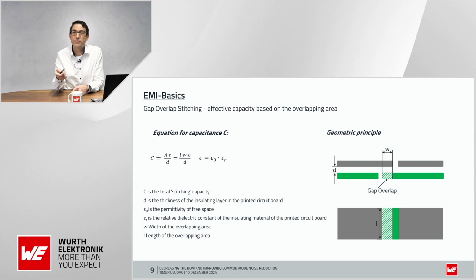That means the capacitance is formed by the overlapping area you have between two different potentials, two different layers here. As you can see, this is the width and this here is the length. So this whole area forms then between the green, white and the gray one here, the capacitance value.